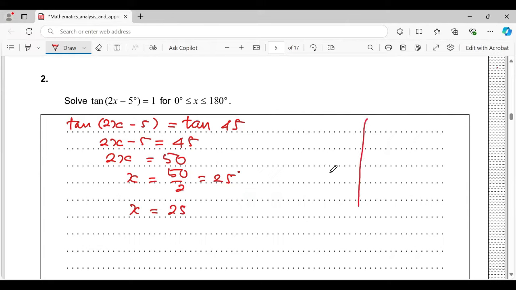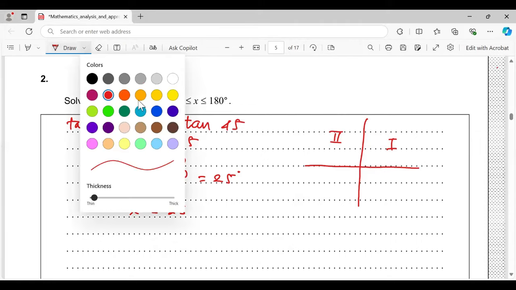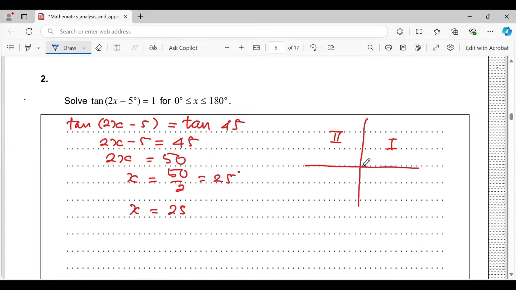If we sketch the quadrant, this is the first quadrant. The interval x between 0 and 180, so the first quadrant and the second quadrant. I'm going to get the 25 degrees here. It's 25.